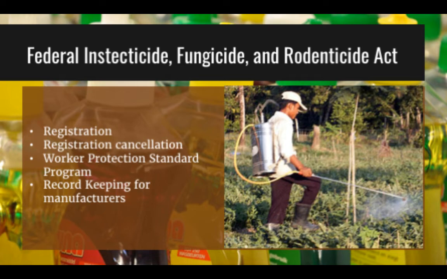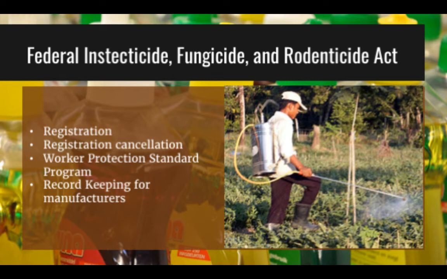The Worker Protection Standard, WPS, program seeks to protect agricultural workers and applicators from injuries and illnesses associated with pesticides. The program mandates protective equipment and training. Violations result in steep fines. Manufacturers must keep records for all their pesticides and allow facility inspections by the EPA.